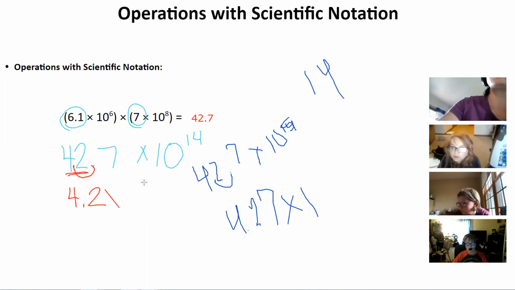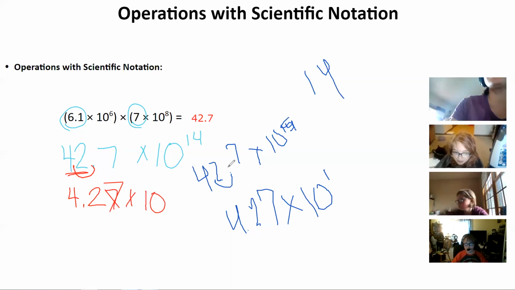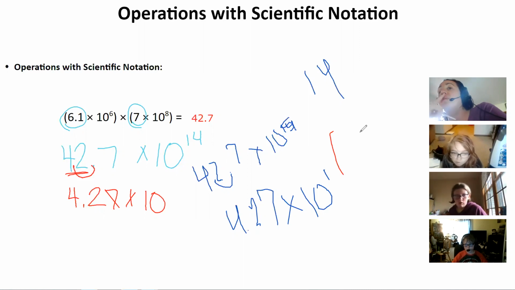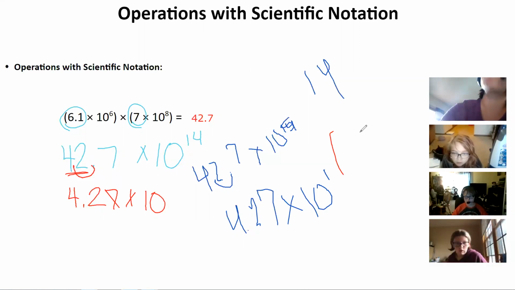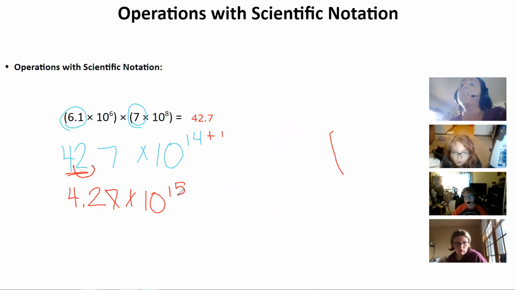Okay. And then it's going to be times 10. What do you guys think we would have to do then? If I moved it one more spot, we would add. Yeah, some of you guys are changing it to 15. Very good. We're going to add. So it would change to the 15. Good.